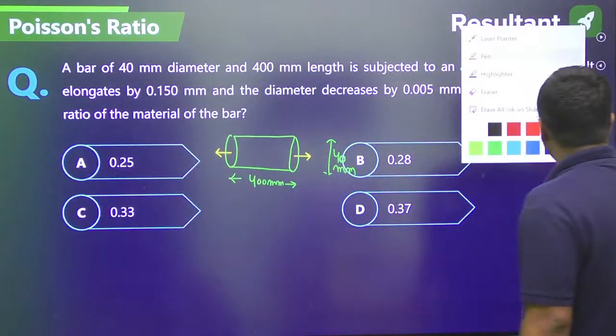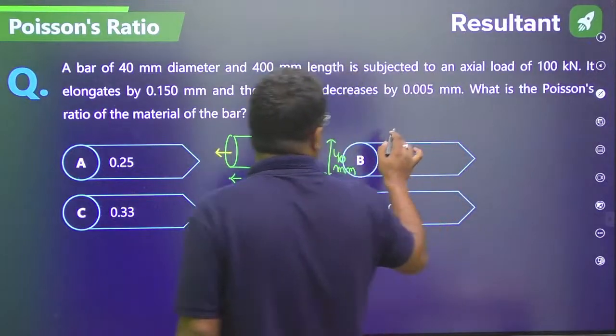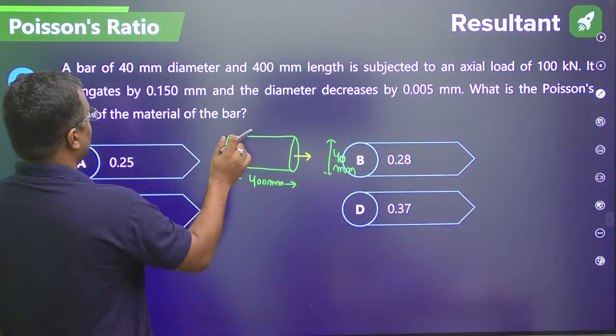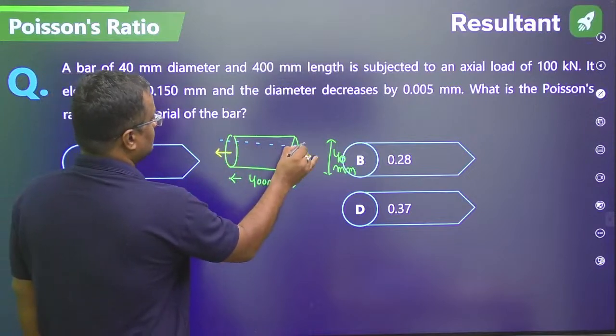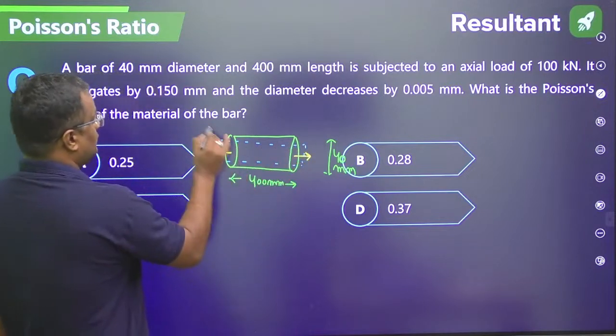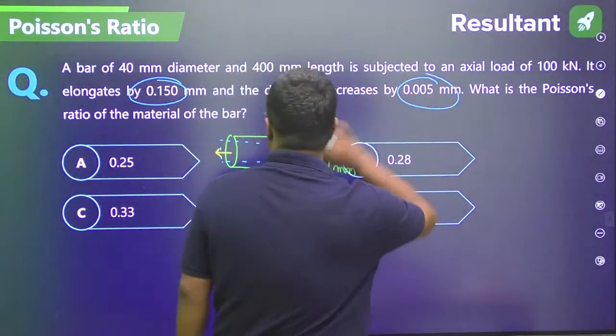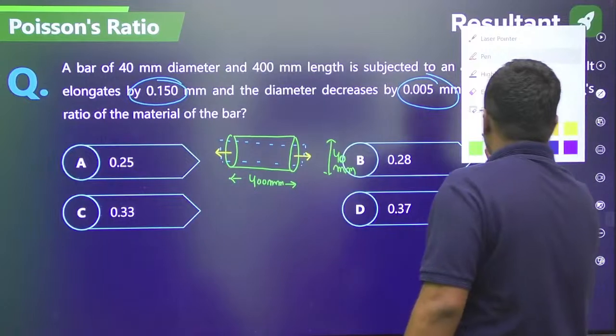Of course, guys, when the force is applied, it is elongating. Elongating means it will be tensile force. So it will be elongating like this. The length is increased by this, and of course the diameter will be decreased by this. What is the Poisson ratio?